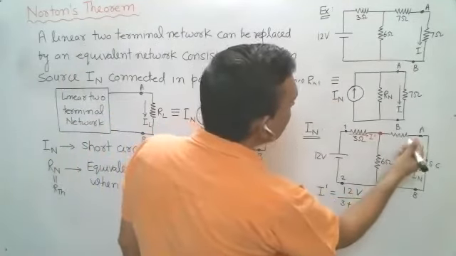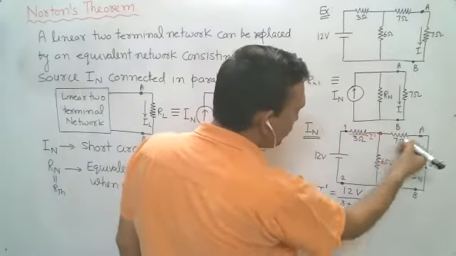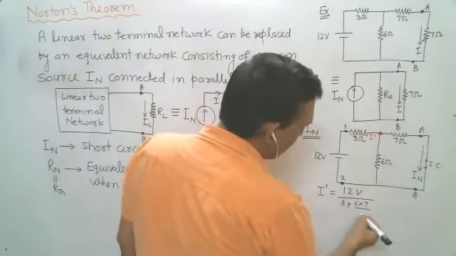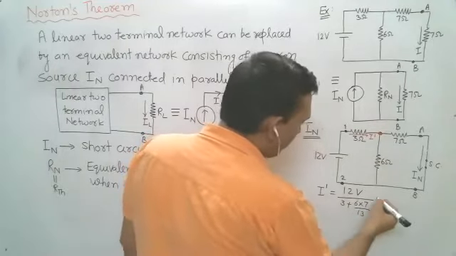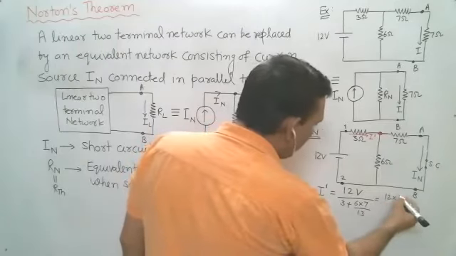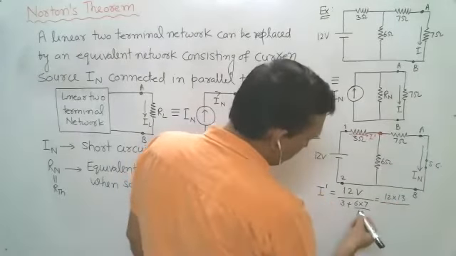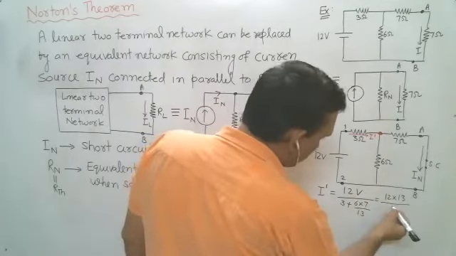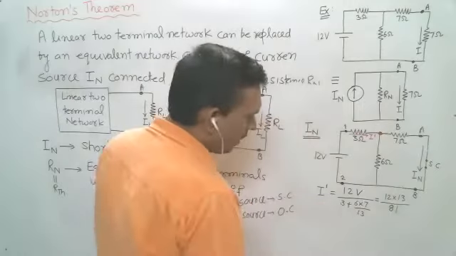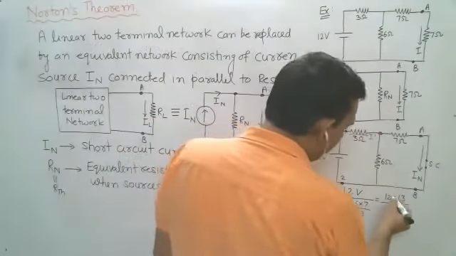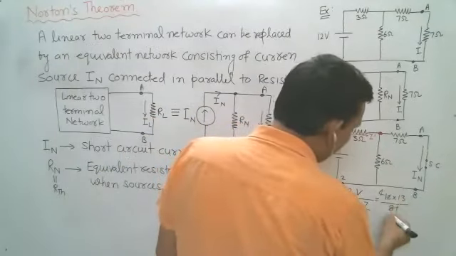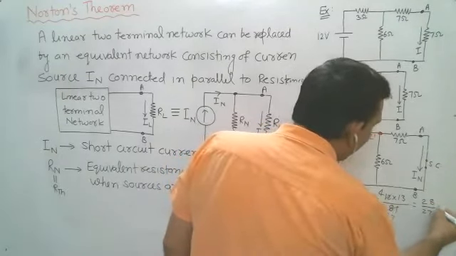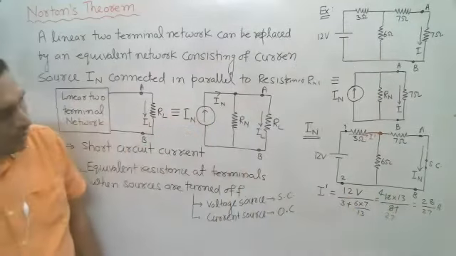These two resistances, 6 and 7 ohm, are in parallel, so you will get 6 into 7 by 13. So this will be 12 into 13 by 81, and then you will get 28 by 27 ampere.